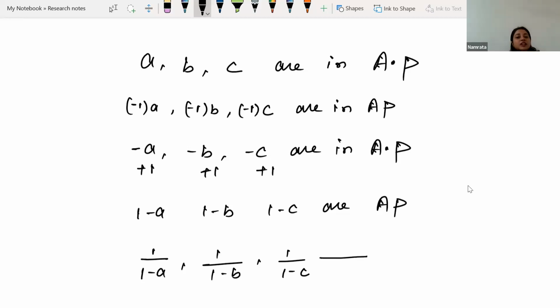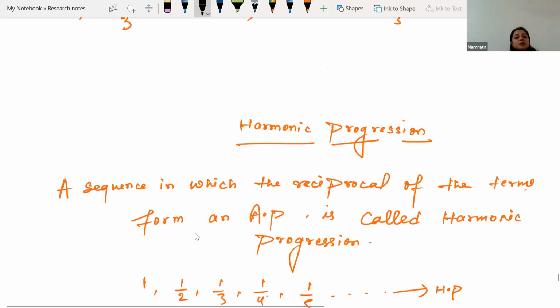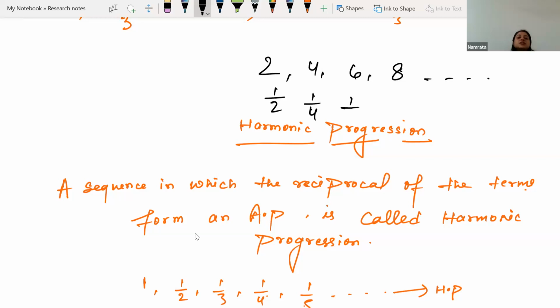Adding 1, we get 1 minus A, 1 minus B, 1 minus C in AP. Now, taking reciprocals: not in AP, it's in HP. HP is just the reciprocal of AP. If each term you do reciprocal, then the resultant sequence will be in harmonic progression. If 2, 4, 6, 8 is an arithmetic sequence, then 1 by 2, 1 by 4, 1 by 6, 1 by 8 will be a harmonic sequence.